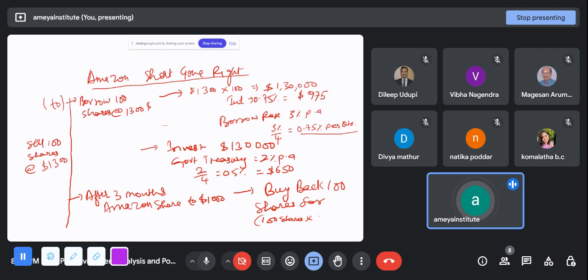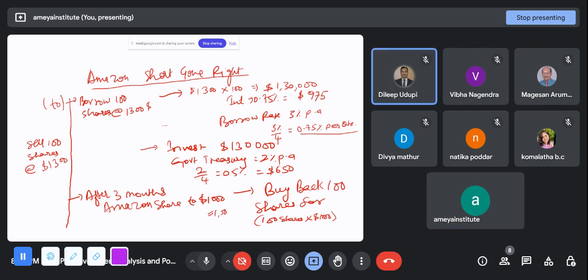After 3 months, what will be the price of the shares? It will go to 1,000. So I will buy back at what price? 100 shares into $1,000, total how much? 1 lakh. It means we will buy back at 1 lakh rupees, right?